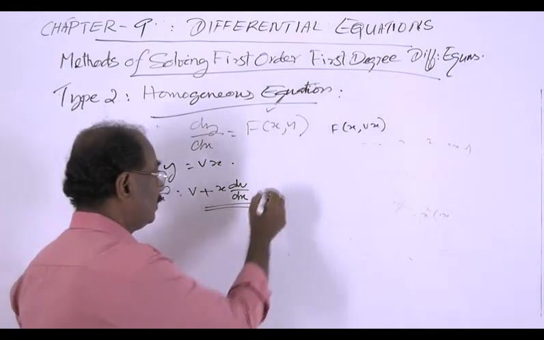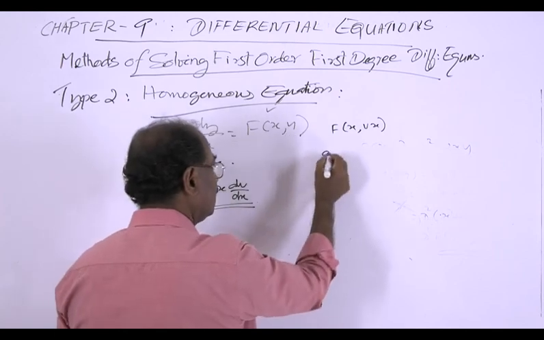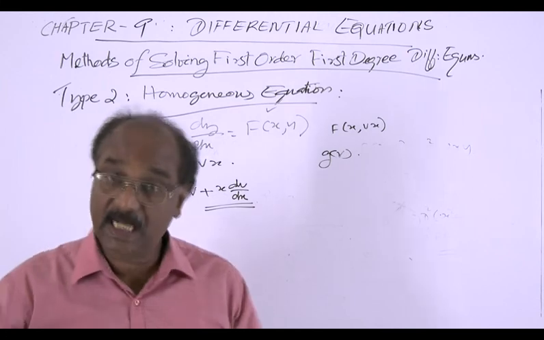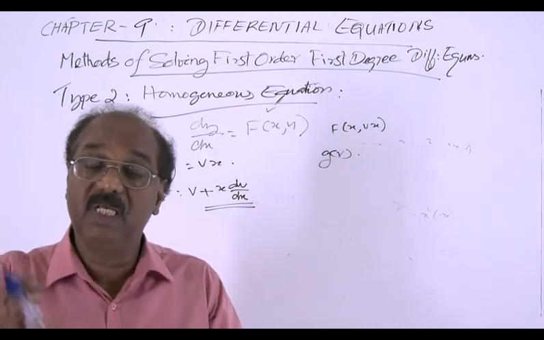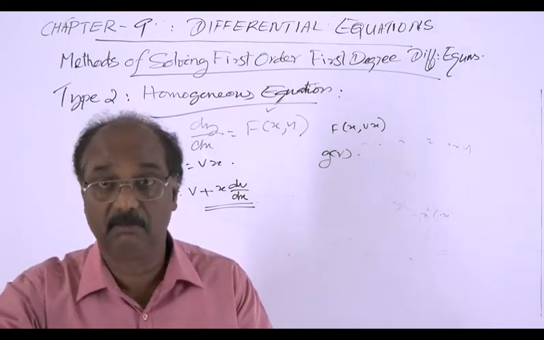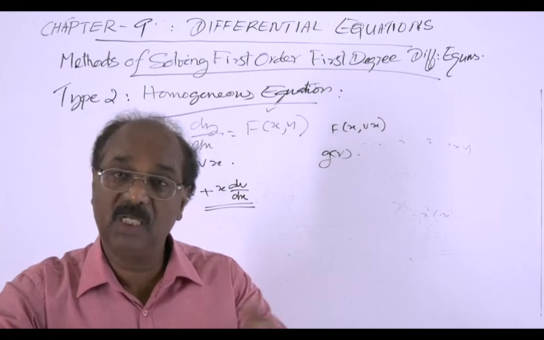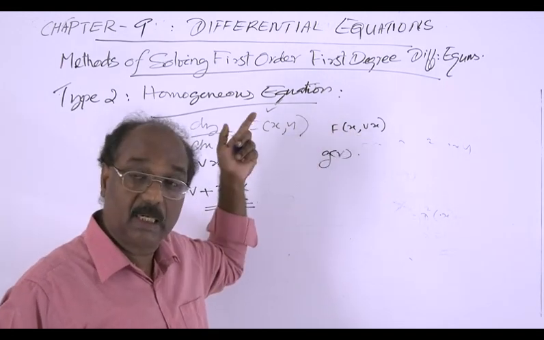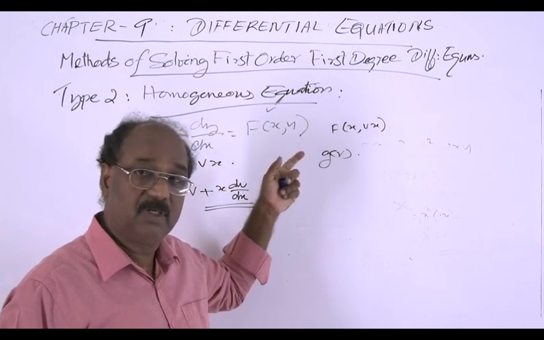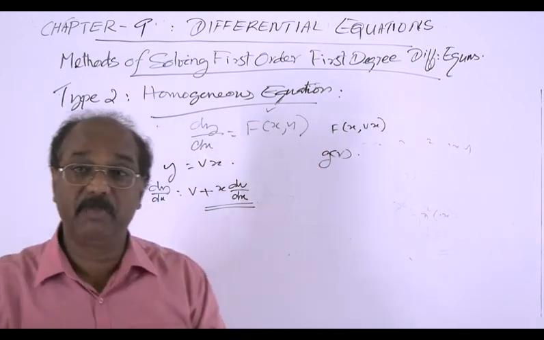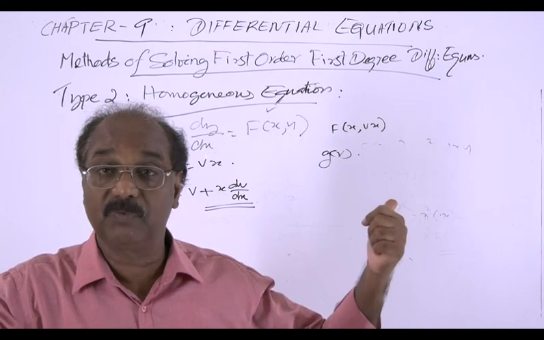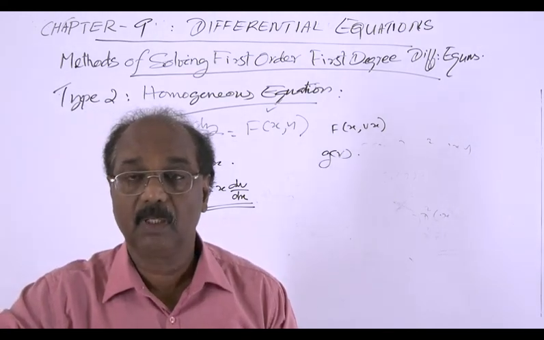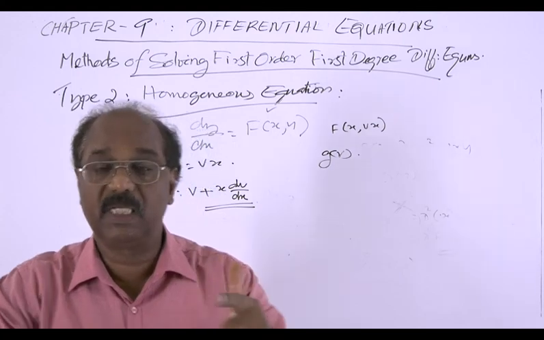Say this will be equal to some g(v), another function of v alone. That is, x can be taken outside and cancelled, and the power will be x raised to 0, as in the case of a homogeneous function of degree 0. We will be getting only v in that expression.